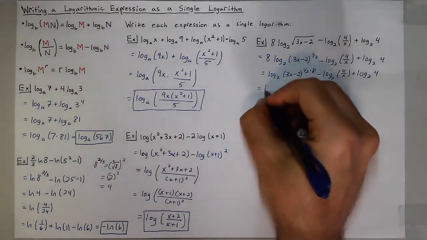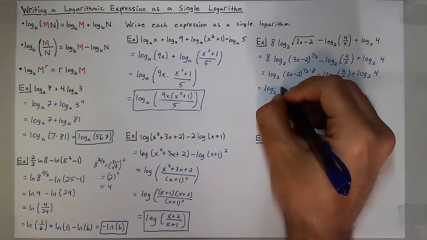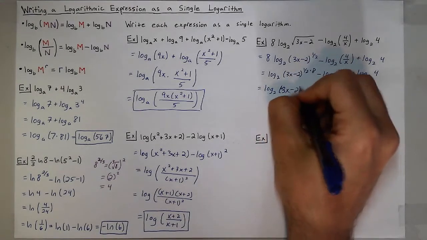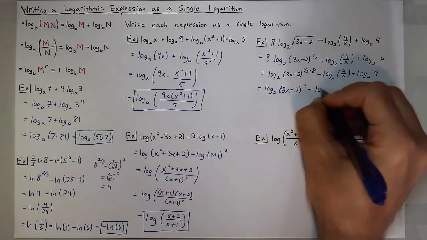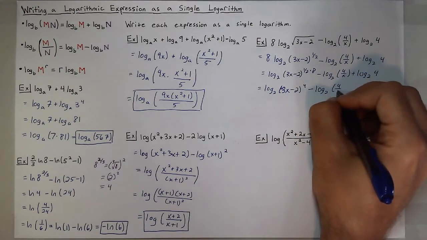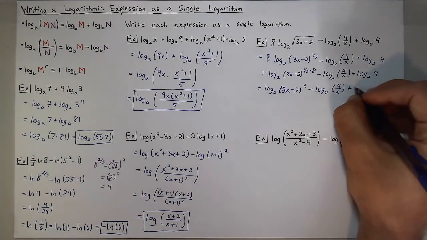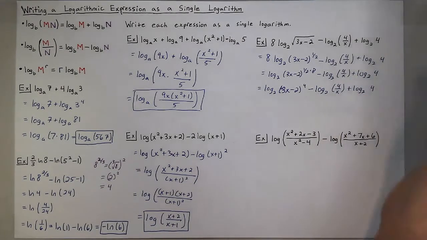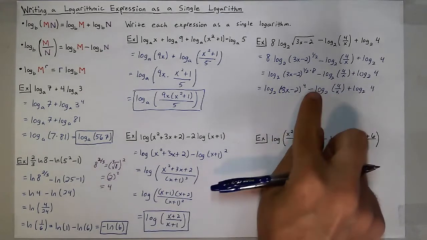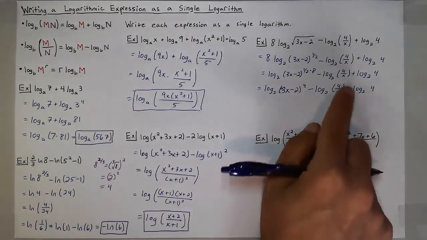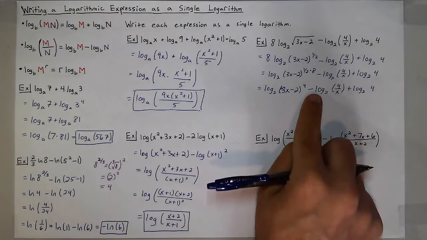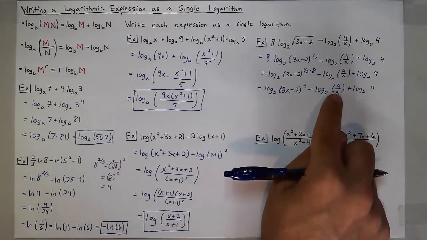So that gives me log base 2 of (3x minus 2) to the 4th, then minus log base 2 of 4 over x, and then plus log base 2 of 4. Now when I divide by 4 over x, it's the same as multiplying by its reciprocal.